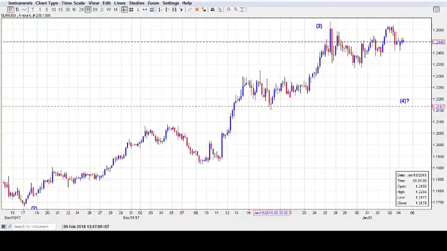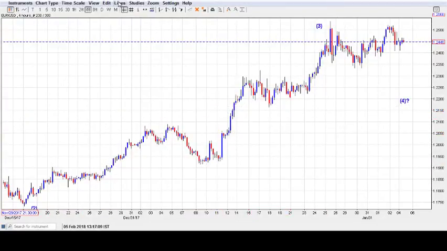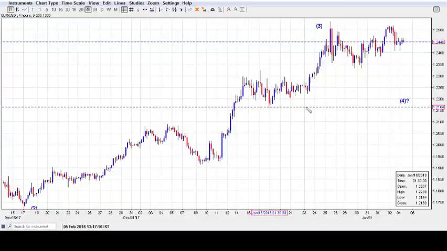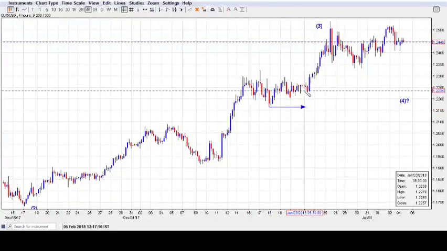The previous support level is also at 2150, so this is the entire trading range where the fourth wave could go and hit the mark.